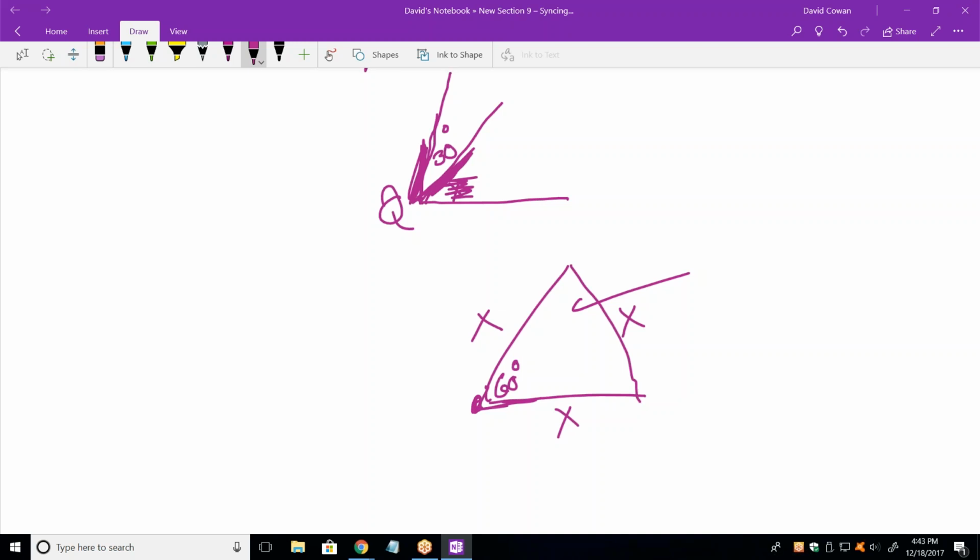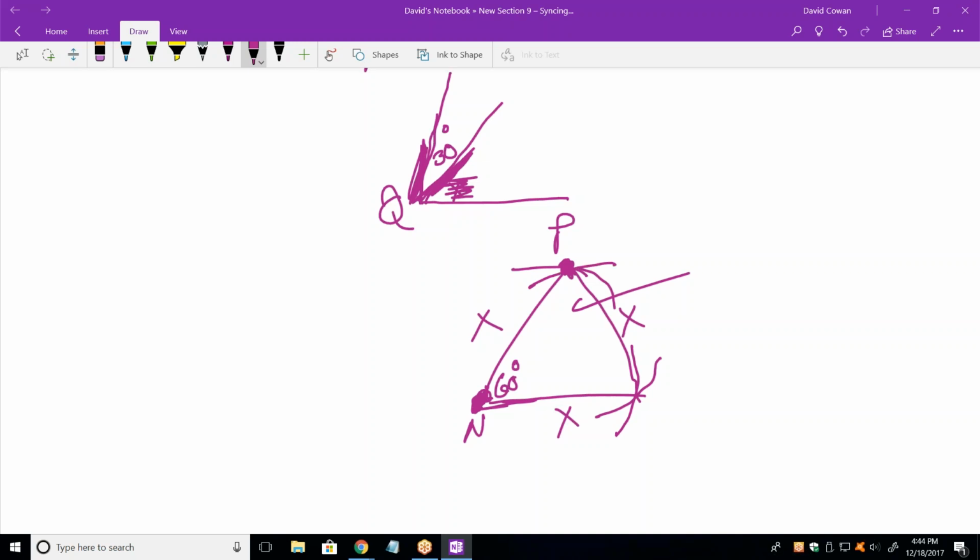If you know one side, put your needle there and your pen there and draw an arc. That gives you side X. Then put your needle on P and draw an arc. And then put your needle back on N and draw an arc.